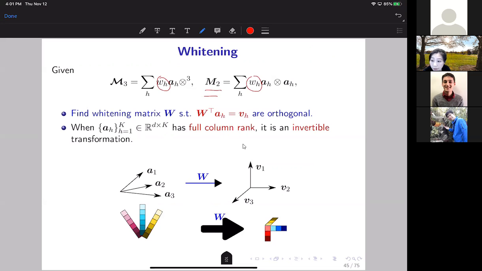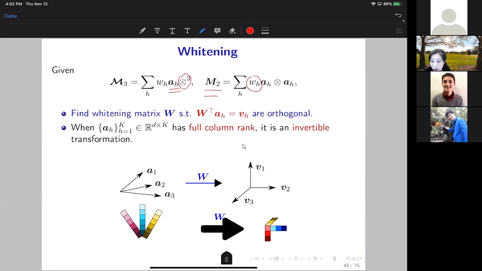They both have the same coefficient for each component, and the components are also the same. It's just that they have different order. M3 takes the tensor product of AH to the 3rd power, whereas M2 takes the tensor product of AH to the 2nd power, right?